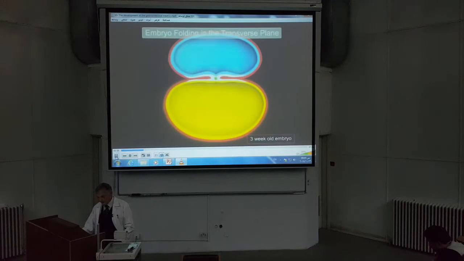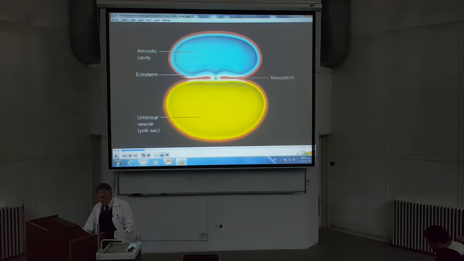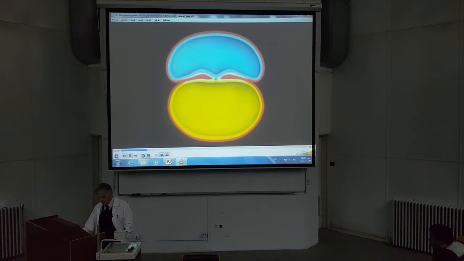Let's see the cross-section. Now we know this is the amniotic cavity and this is the yolk sac. The amniotic cavity is getting larger, the yolk sac is getting smaller.